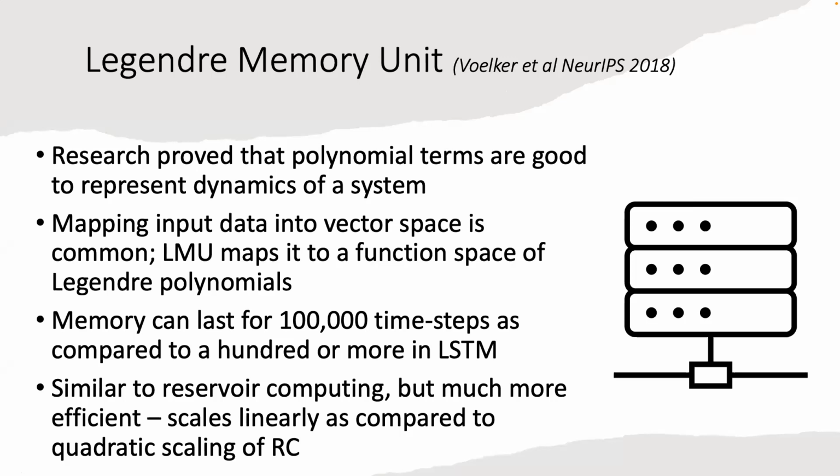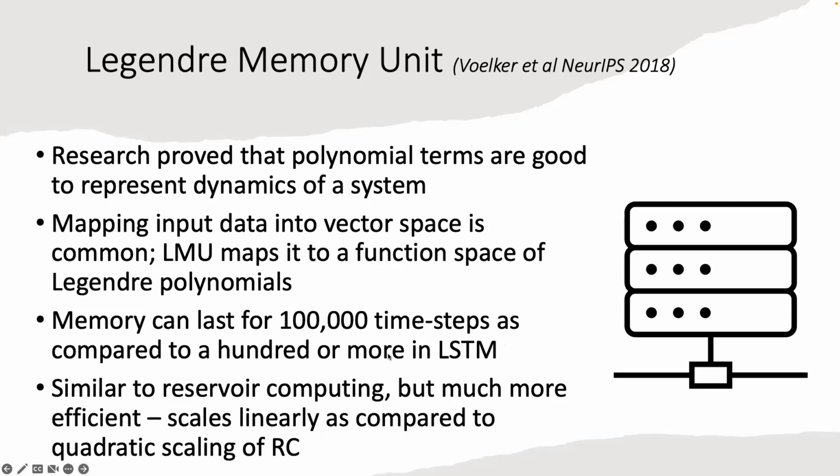So we have Kalman filters, which is an example of a dynamic system, right? So we all know polynomial terms are good at representing them. Mapping input data to vector space is common, but LMU maps it to a function space of Legendre polynomials which are orthogonal to each other. Memory can last for 100,000 time steps. That's what the researchers in this paper claim.